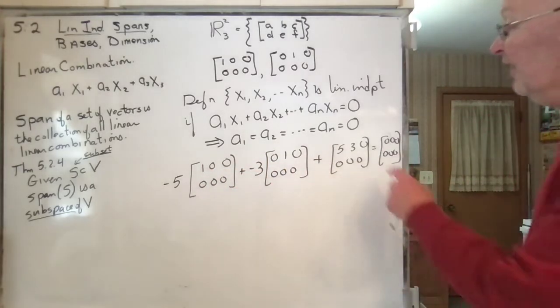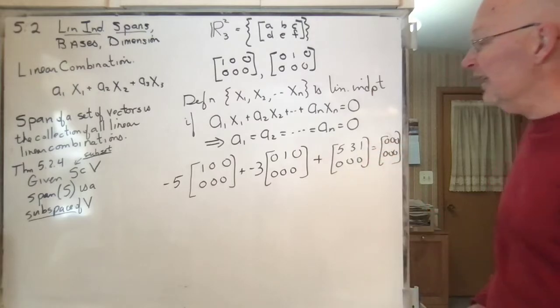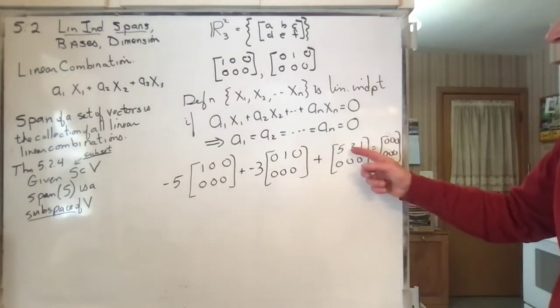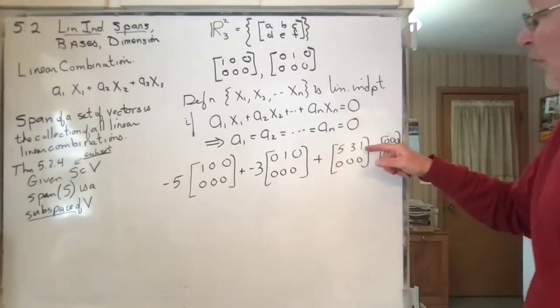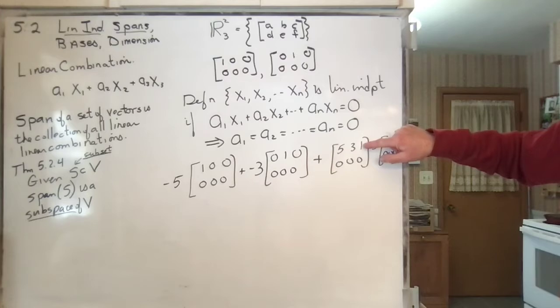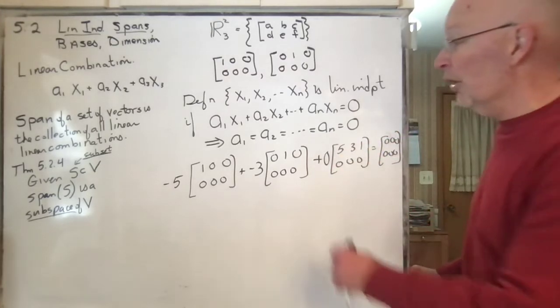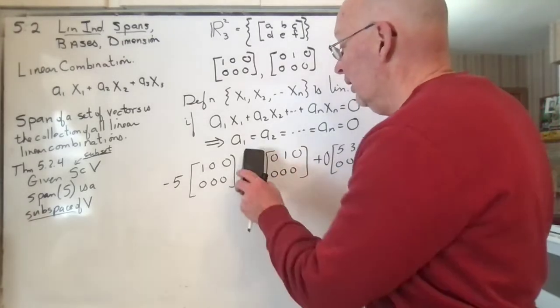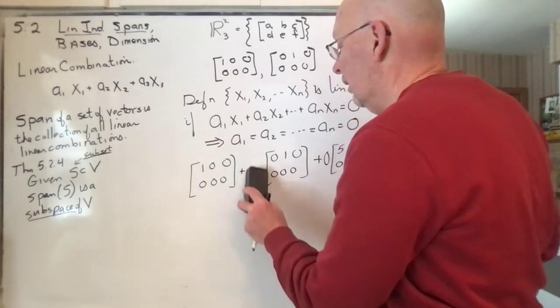On the other hand, go back to this one again. Remember I said this one was linearly independent. There's no way I can get this from the other two. Because look, there's just no way. There's no way I can get a 0 here unless I get a 0 in front of this matrix right there. And then I'm also going to need a 0 in front of this one, and I'm also going to need a 0 in front of that one.